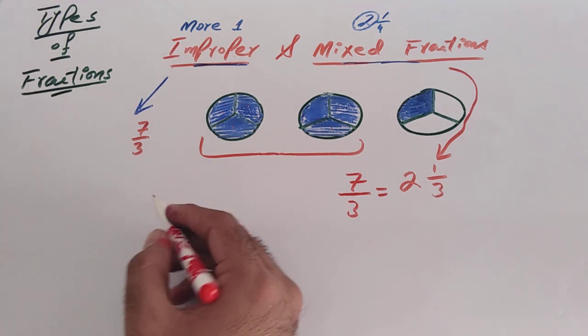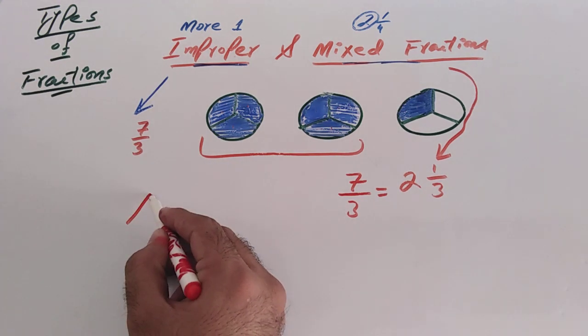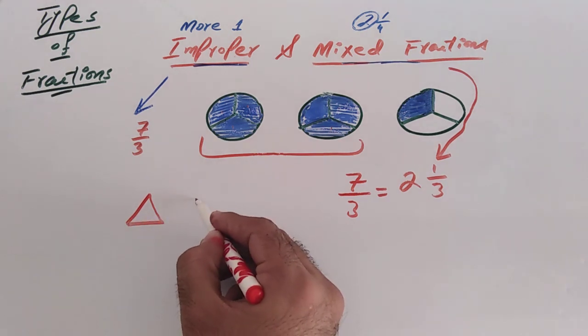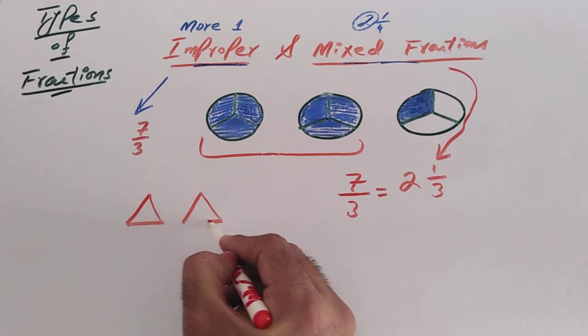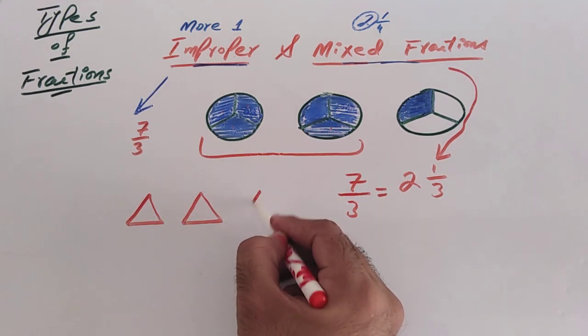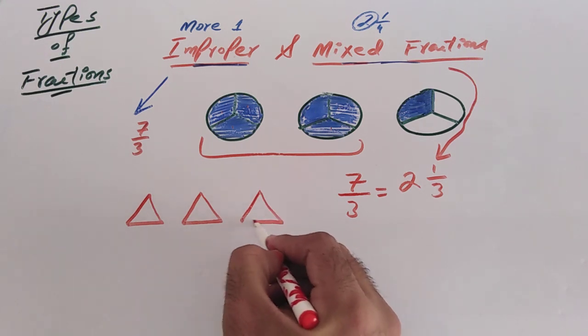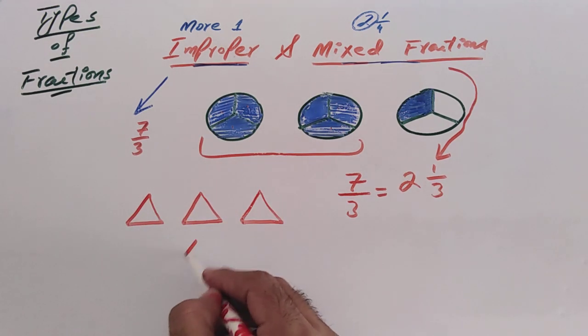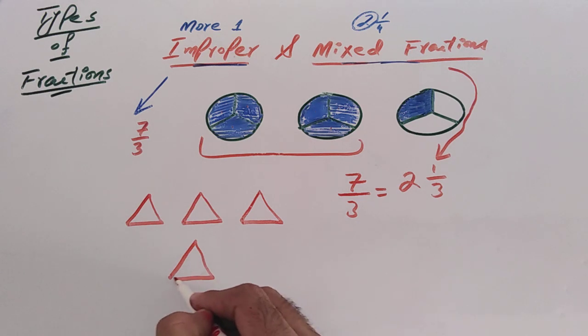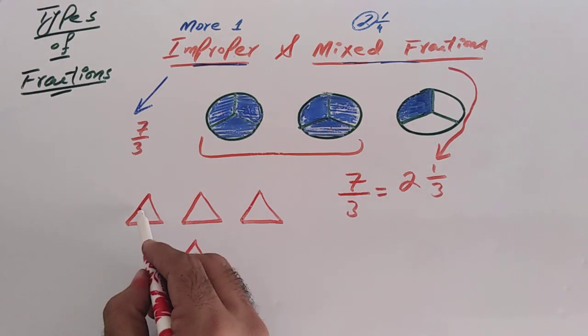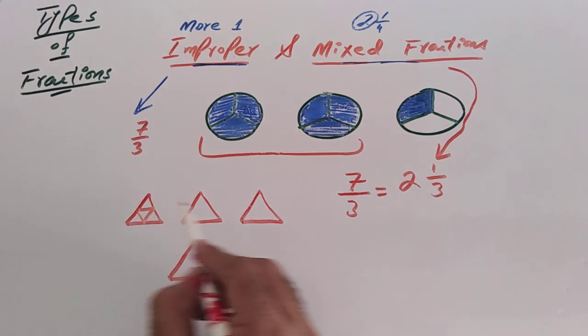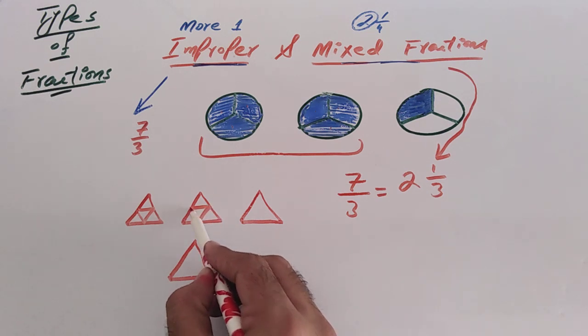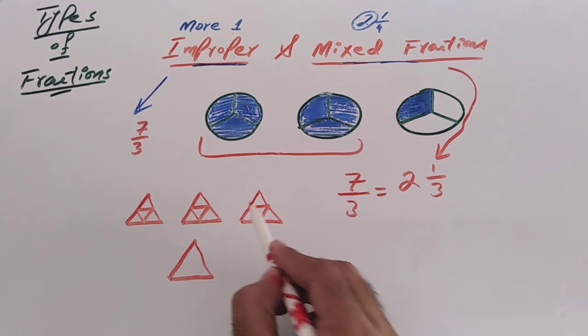Let's say drawing some wholes again. This is 1 whole, 2, 3, and let's say 4. I'll just make equal parts so that it should be clear.